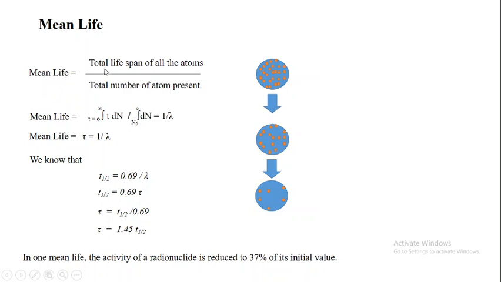Mean life is equal to the total lifespan of all the atoms divided by the total number of atoms present. So this is time zero, for your information and understanding.